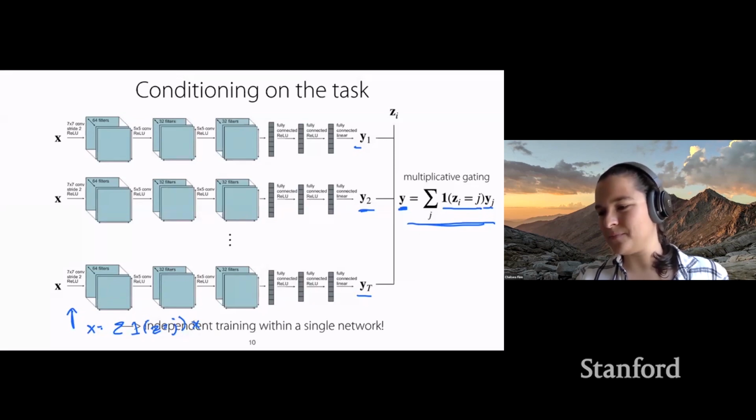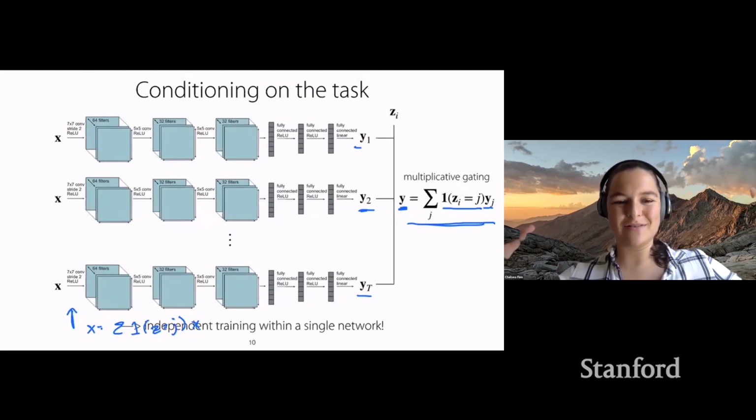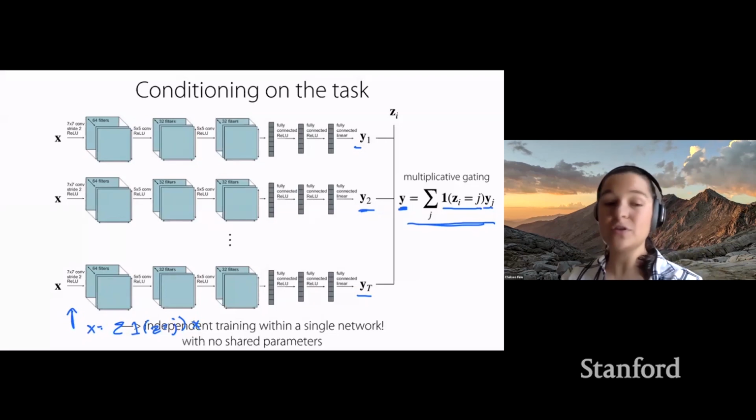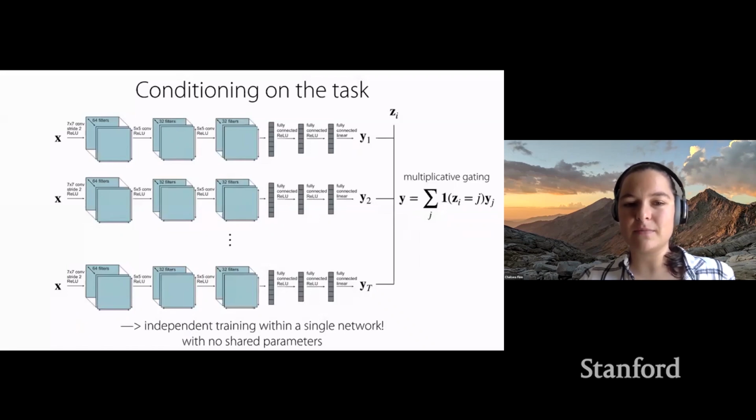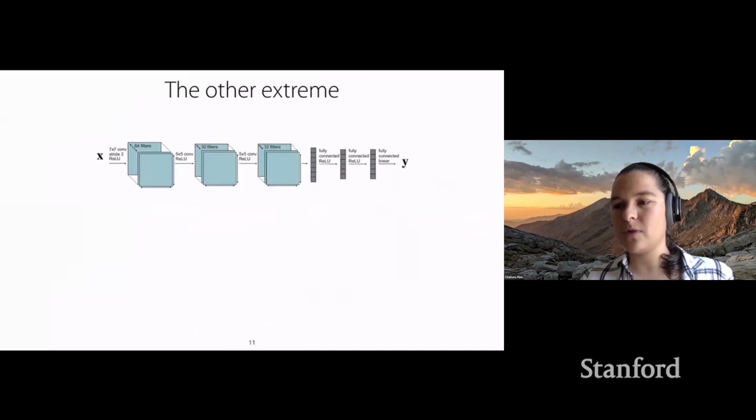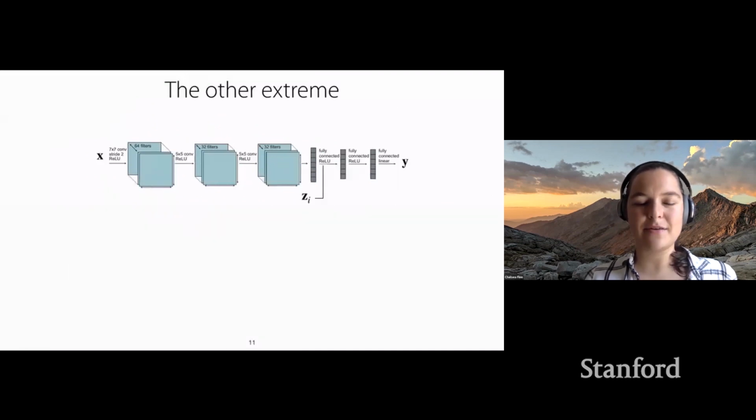Okay. Right. So this corresponds to independent training within a single neural network architecture with no shared parameters. Now the other extreme that you could consider is one where you just concatenate the Z into the network at one point in the architecture.